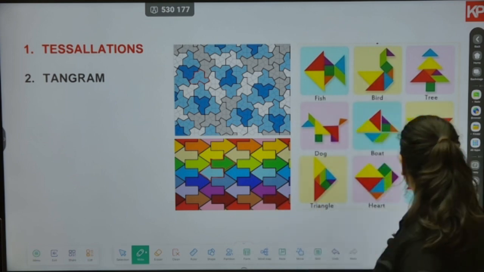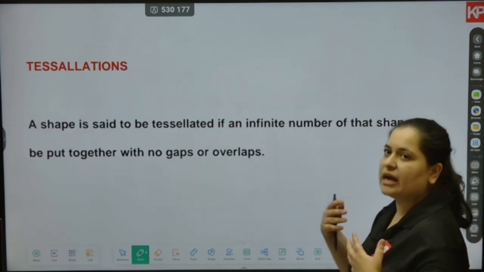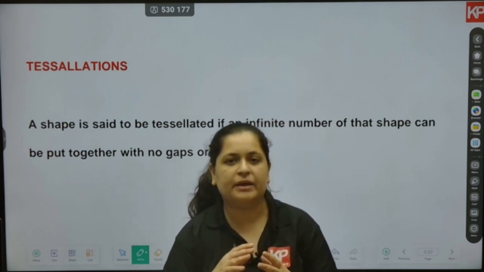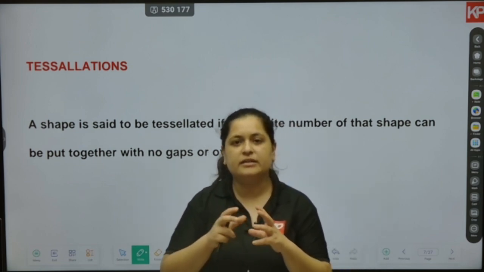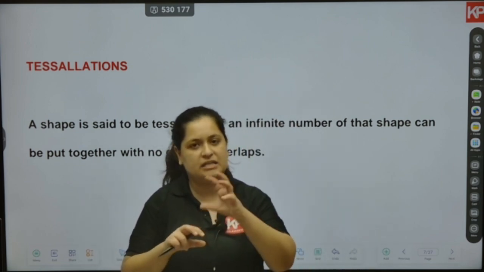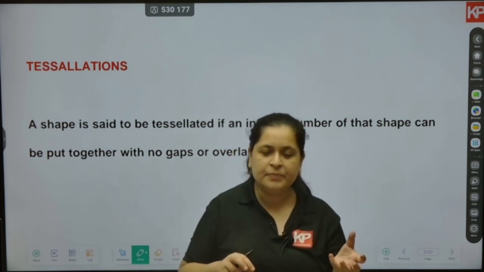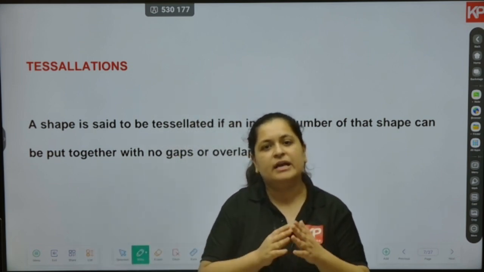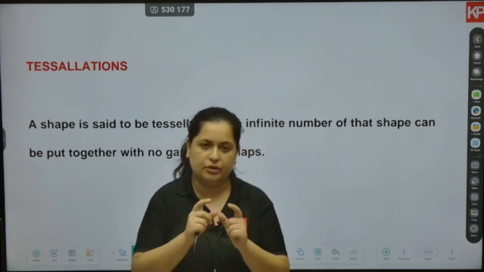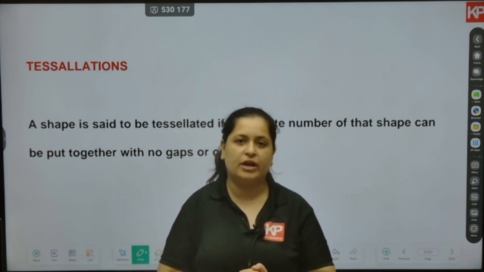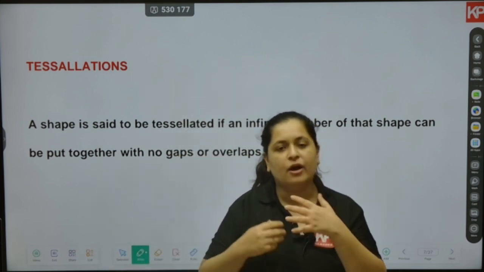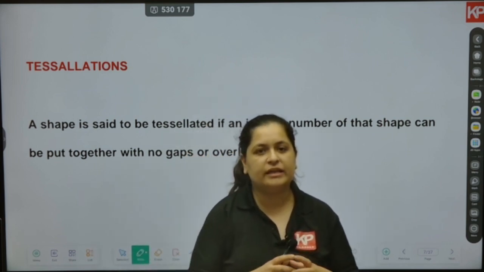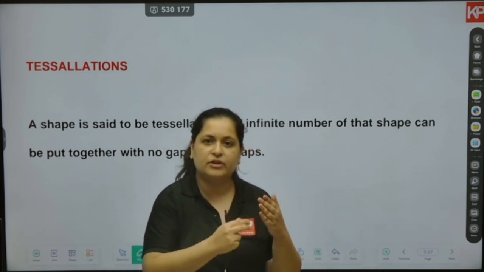The kind of questions that we get in the CEED exam with respect to tessellations can have a rotation of 90 degrees as well as 180 degrees of the shape, and you can also have scaling or flipping of that shape. For tangram also, the questions can be based on scaling, rotation or flipping of one of the parts.